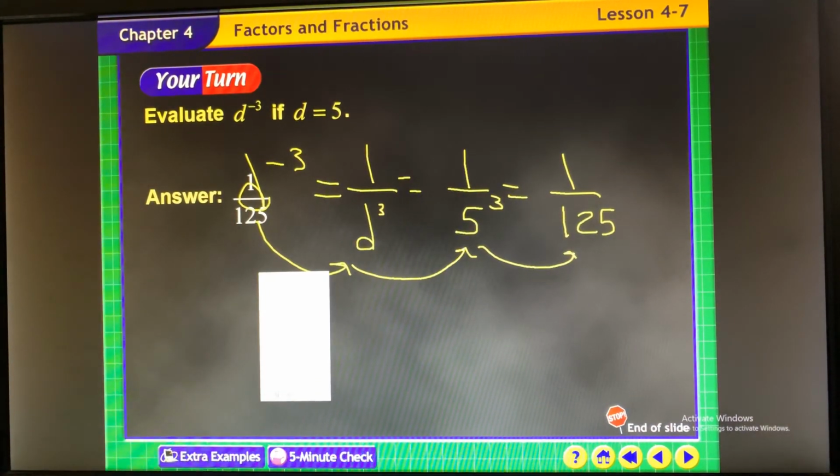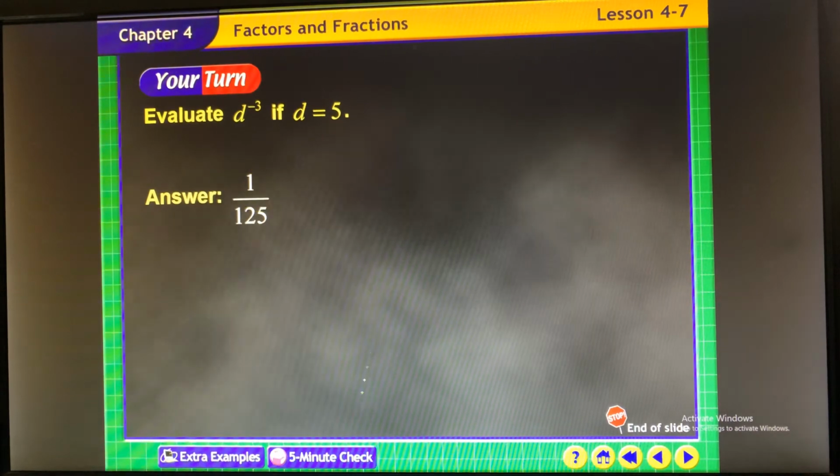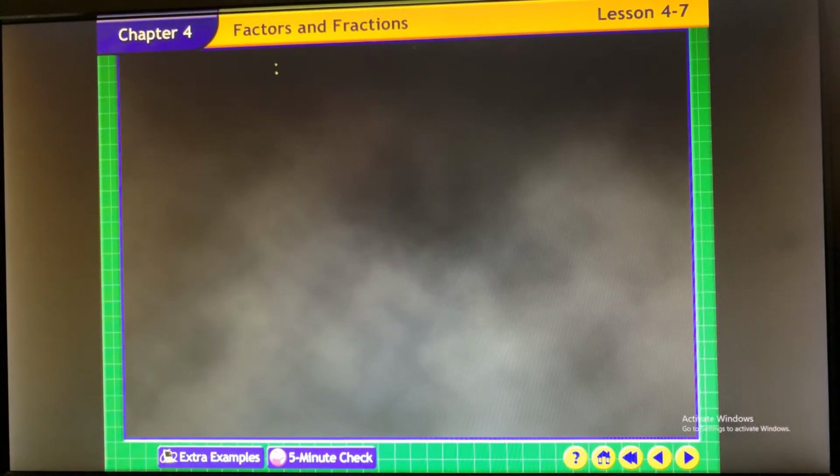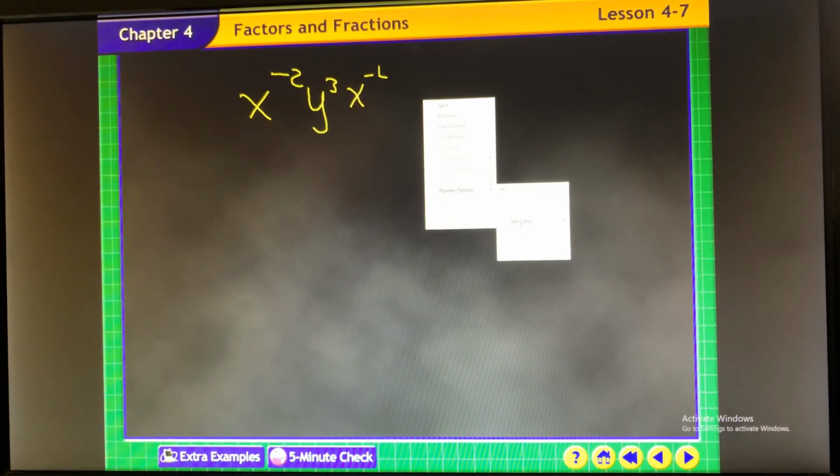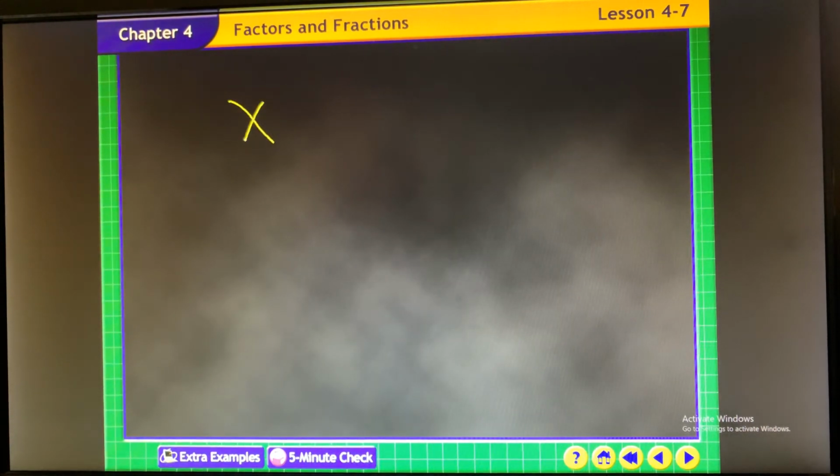Now let me show you something real quick. Let's say I had x to the negative 2, y to the 4th, p to the negative 3.